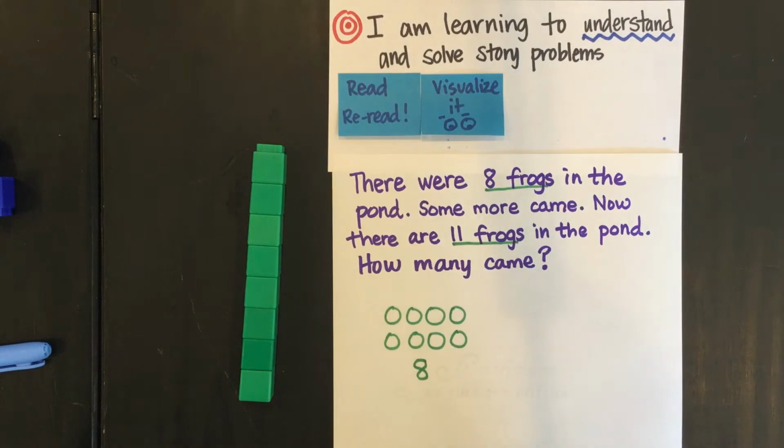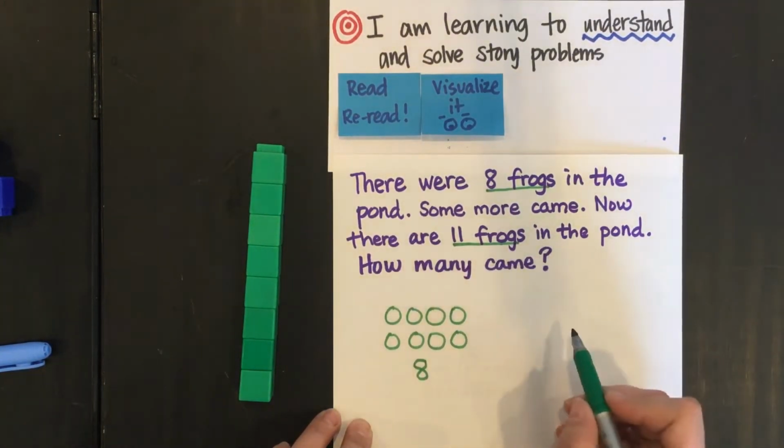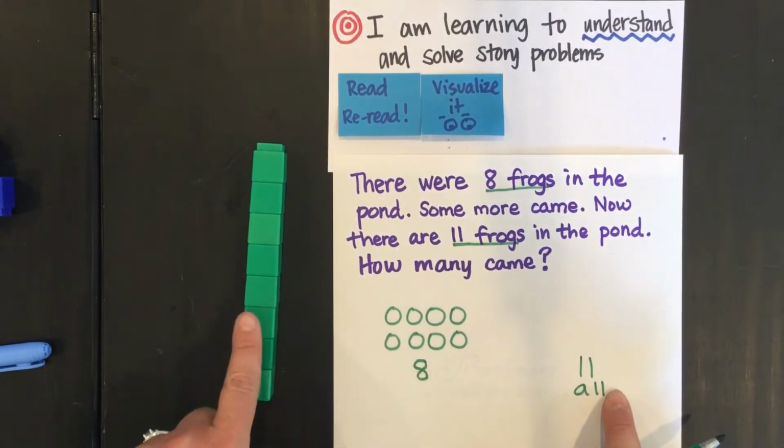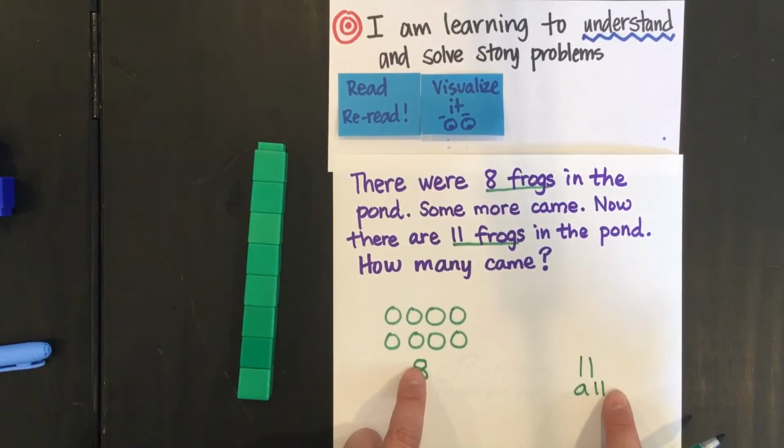But I do know from the next part of the story that it says now there are 11 frogs in the pond. So I'm visualizing now joining this group of these 8 frogs, some more came to play at the pond.